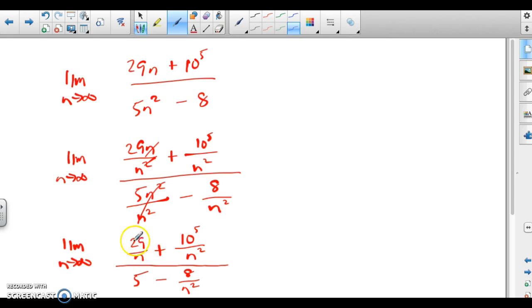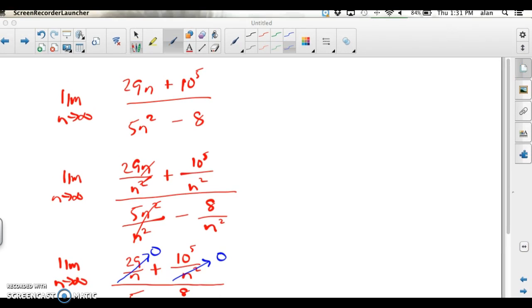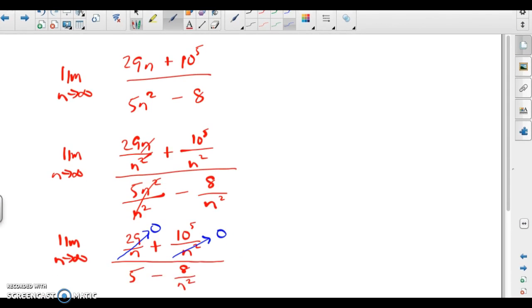Anytime we see n on the bottom, 29 over n, that will go to 29 over infinity. That goes to 0. 10 to the 5th over n squared, that's like saying 10,000 over infinity. Well, 10,000 is so insignificant compared to infinity that this also just goes to 0. 8 over n squared, we see that goes to 0.